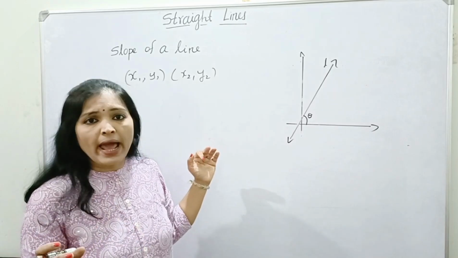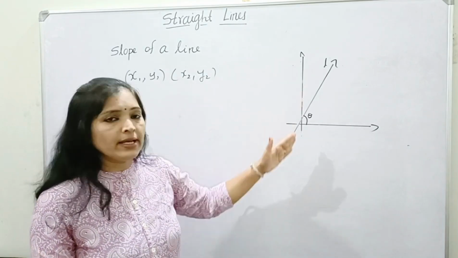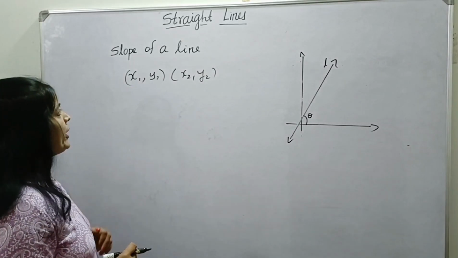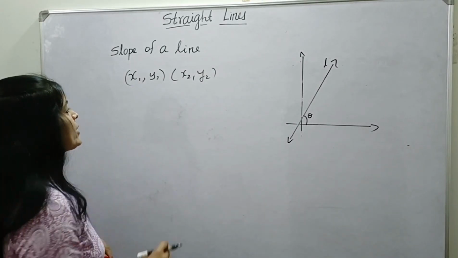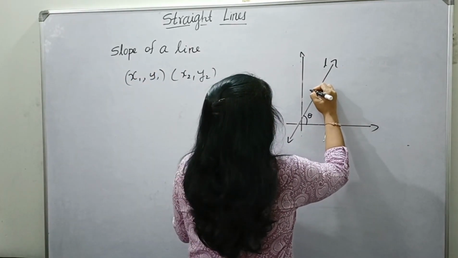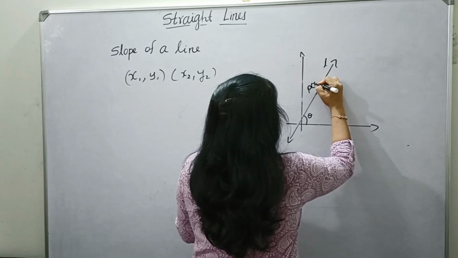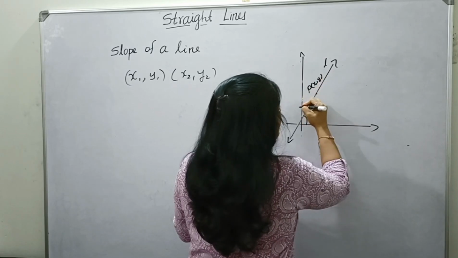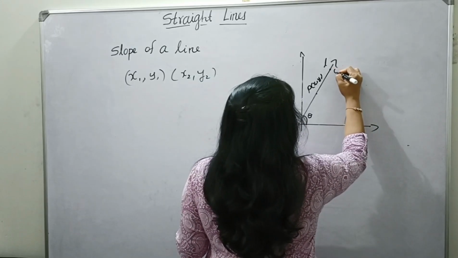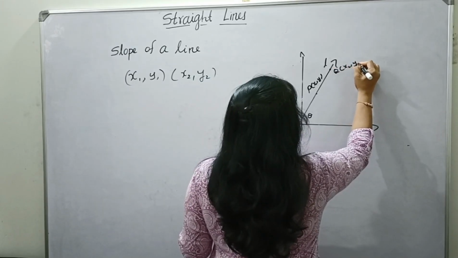Let us see. Here we have taken 2 points x1, y1 and x2, y2. Suppose P of x1, y1, this point is called P, and here it is Q of x2, y2.